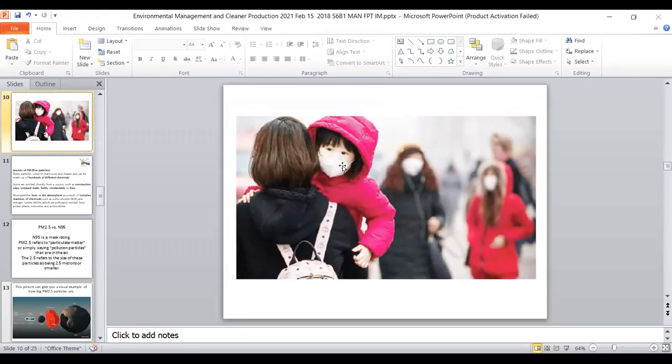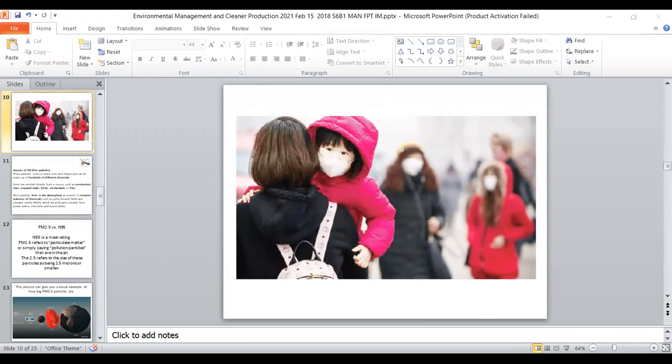It became a standard because of the risk of PM10 and PM2.5.